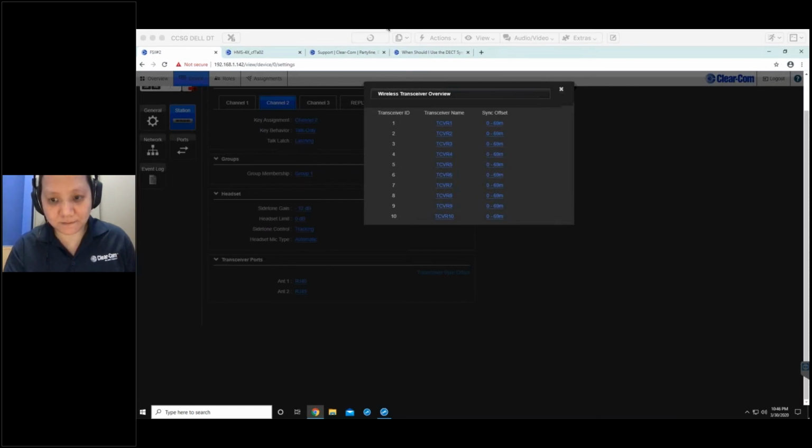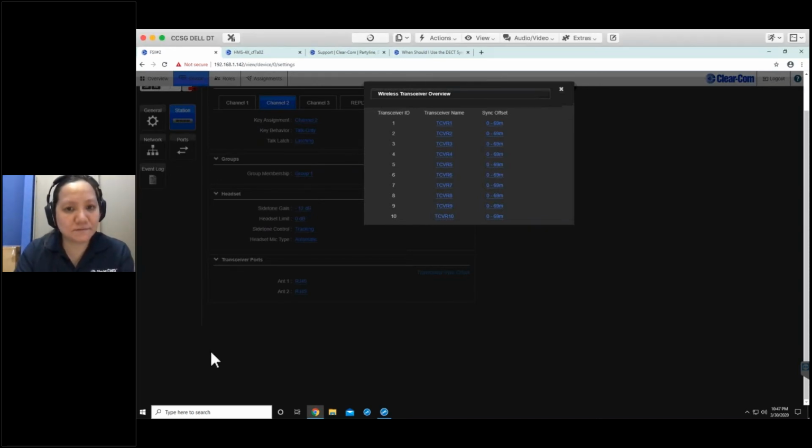Not all Cat5 cable is the same. Some have different gauge, some, the less expensive stuff, the copper might not be as pure. This is really a factor of resistance in the cabling. The deck sync works like a conductor in an orchestra, so all the transceivers get that sync at the exact same moment.